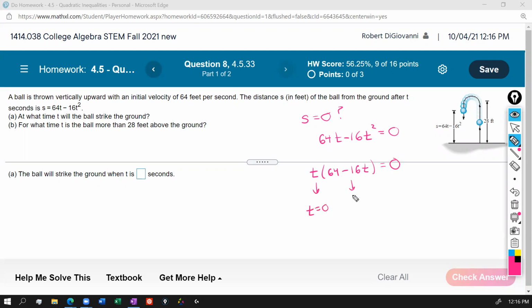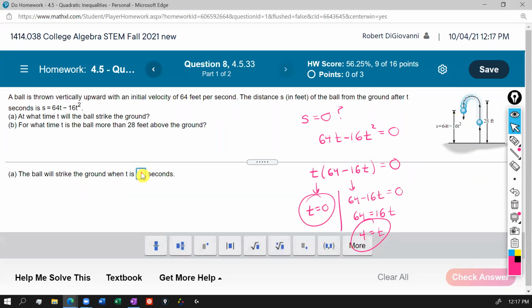Then here, if I set that equal to 0 and move the 16t to the other side and then divide through by 16, I get 4 for t. So when is the ball going to hit the ground? At either t is 0 or t is 4. So 4 is what makes sense because when we start, the ball starts at the ground and then it goes up and comes back down. So 4 seconds.